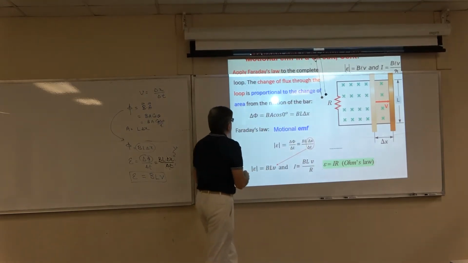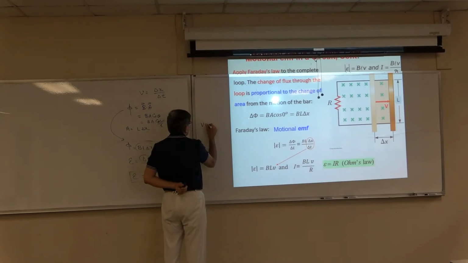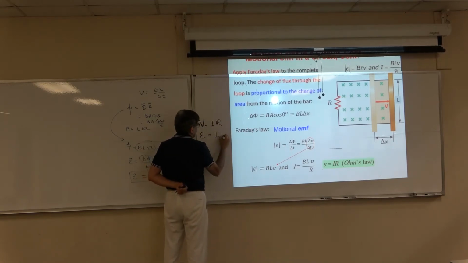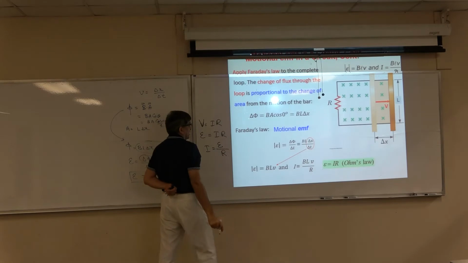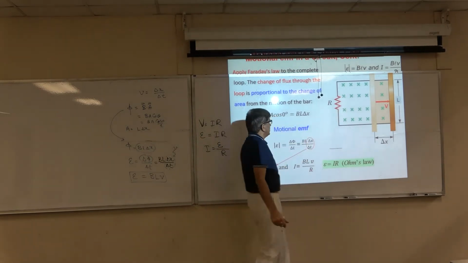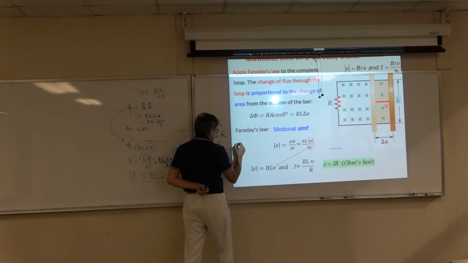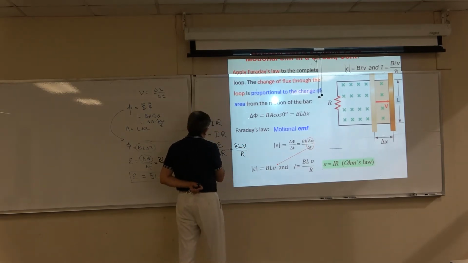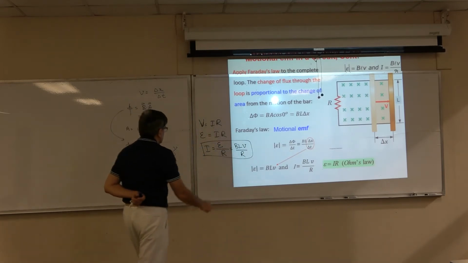Ohm's law says V is equal to I times R. So here, the EMF is equal to I times R, and I is equal to the induced EMF divided by R, where R is the resistance. The induced EMF is B L times v, so I can write B L v divided by R. This is the induced current, which just came from Ohm's law.